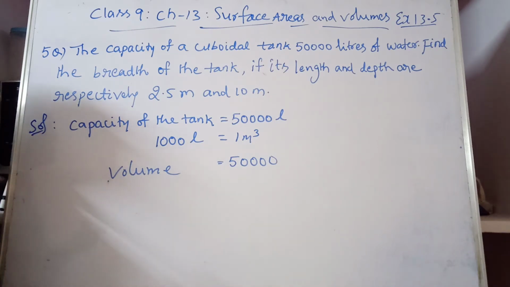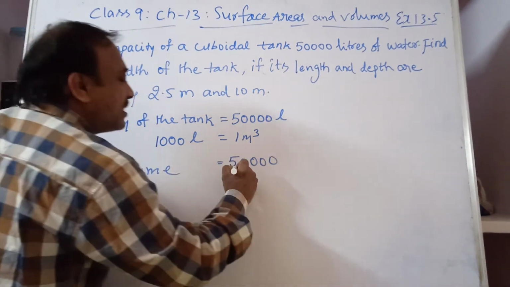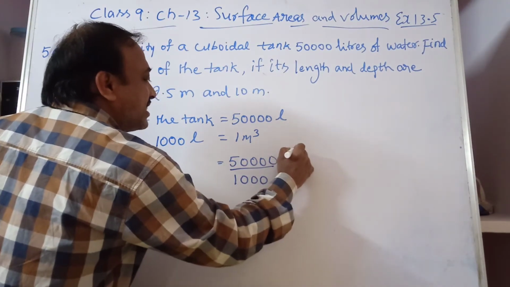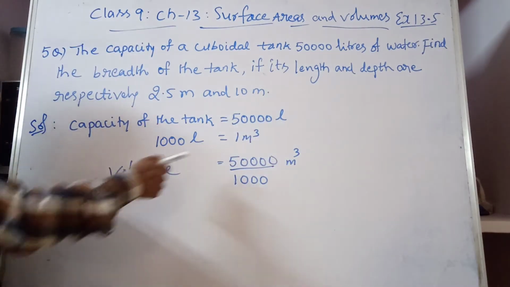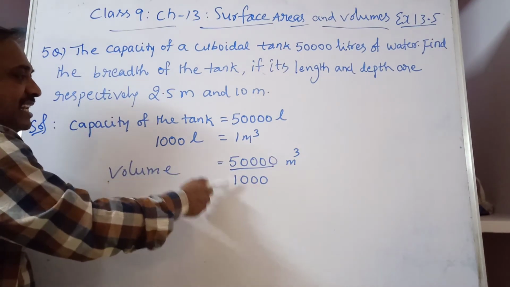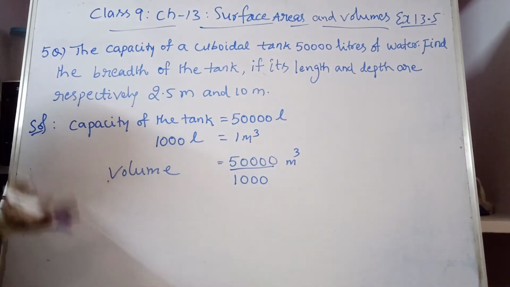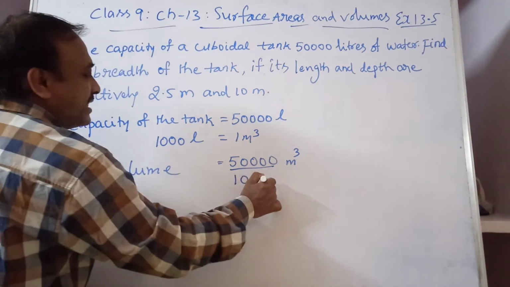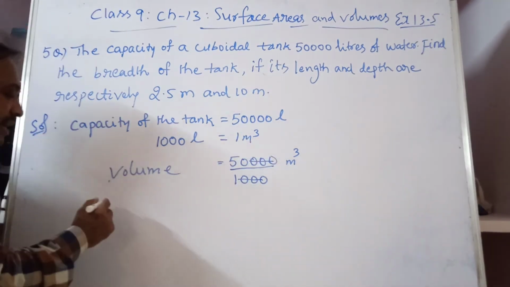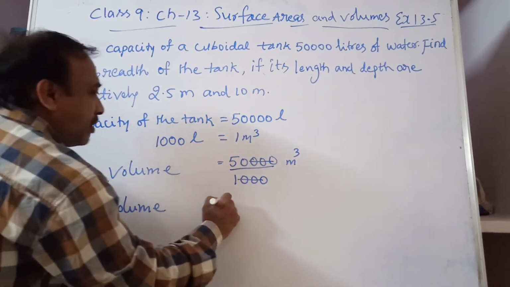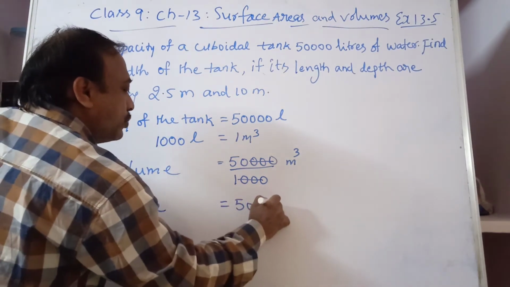We have to divide by 1000, because when you divide by 1000 the volume will be in meter cube. So 3 zeros and 3 zeros cancel. Therefore, volume is equal to 50 meter cube.